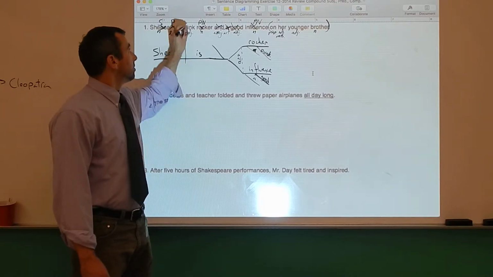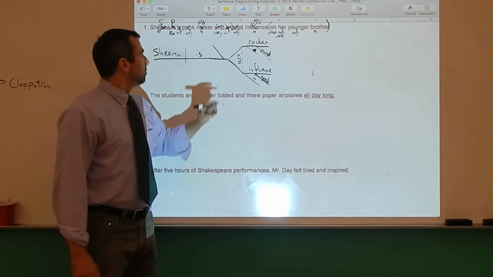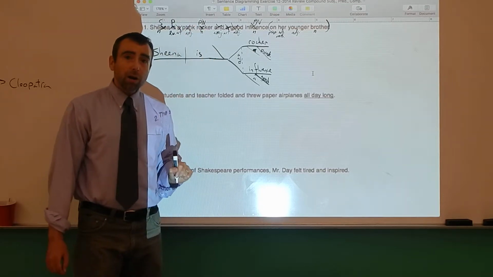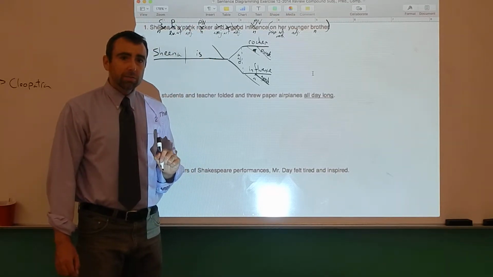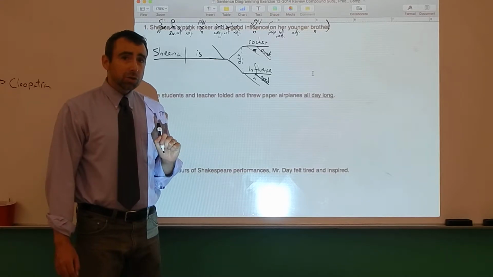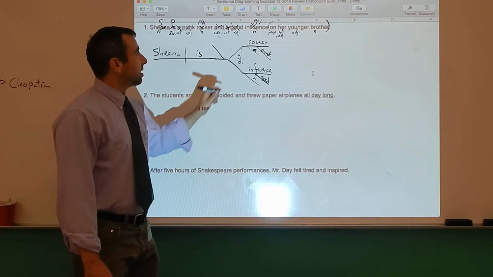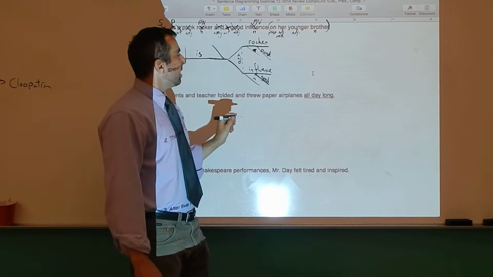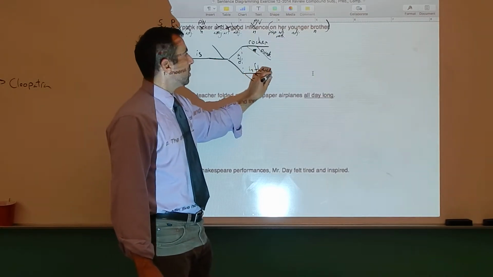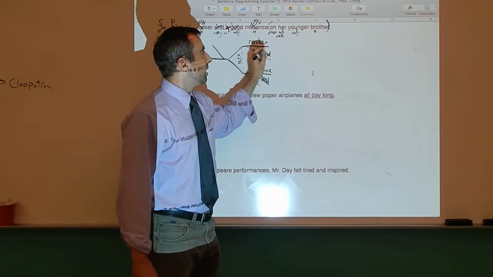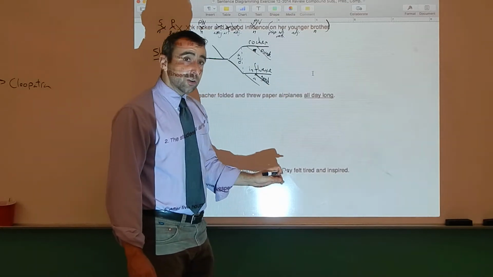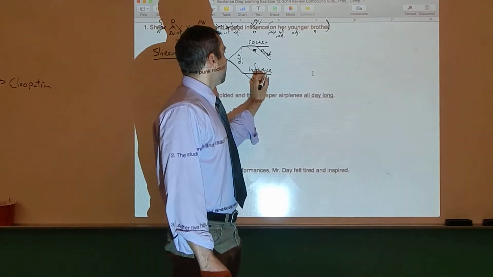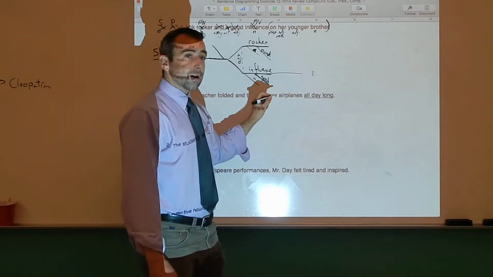Is Sheena a punk rocker on her younger brother? And the answer to that question is no, which means that this on her younger brother prepositional phrase is just going to come off with influence. We do not need to bring these two back together. We don't need to do that because she's not a punk rocker on her younger brother.